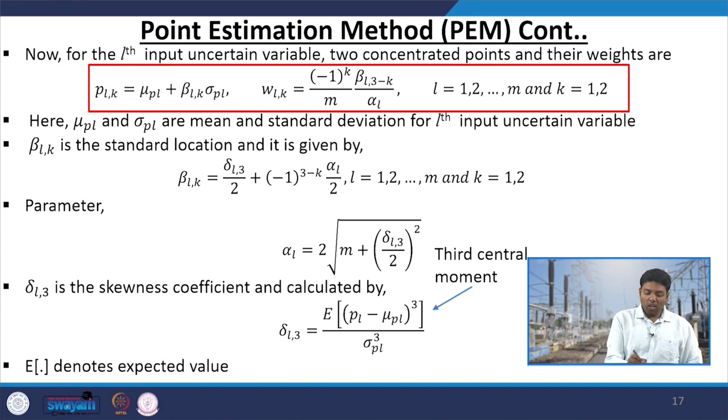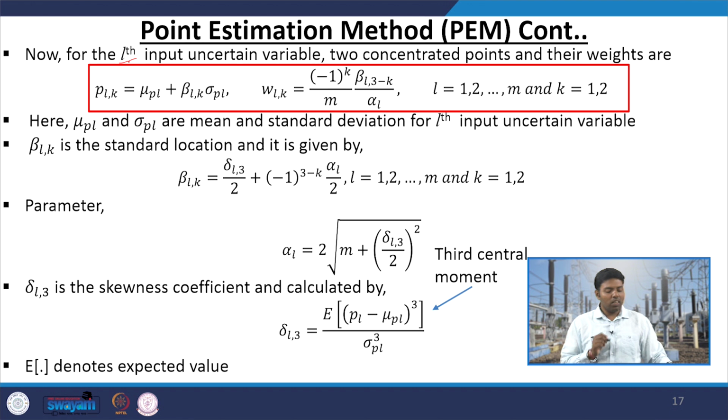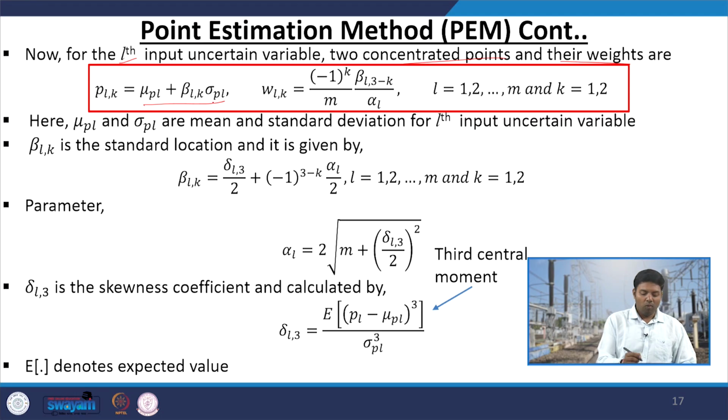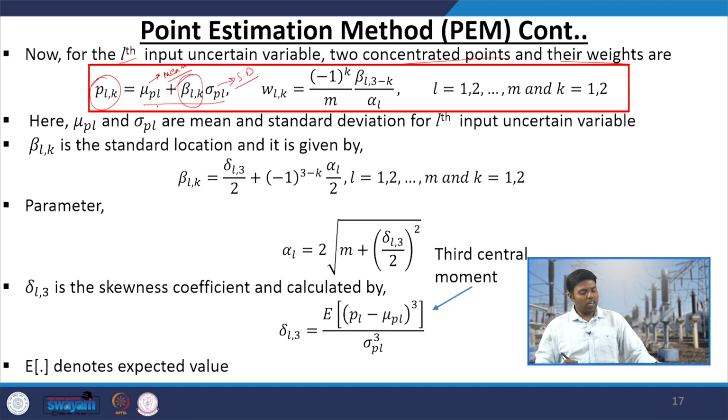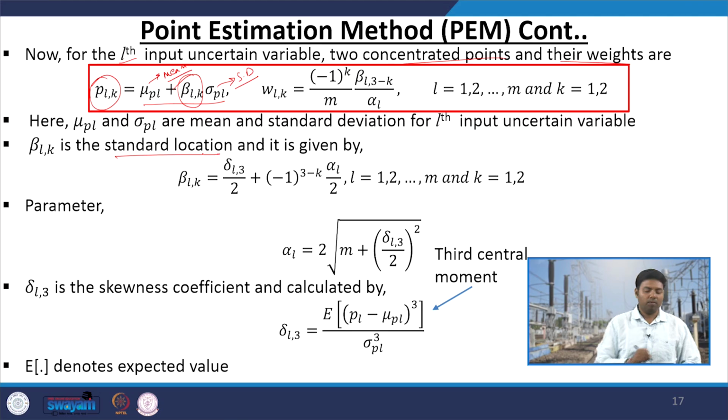So, for the lth input, or the lth uncertain variable, the two concentrated points you can calculate like this, where this is your actual concentrated point, this is the mean of the probability density function, this is your standard deviation, and you have a beta constant value, called the standard location, that you can calculate from this equation.